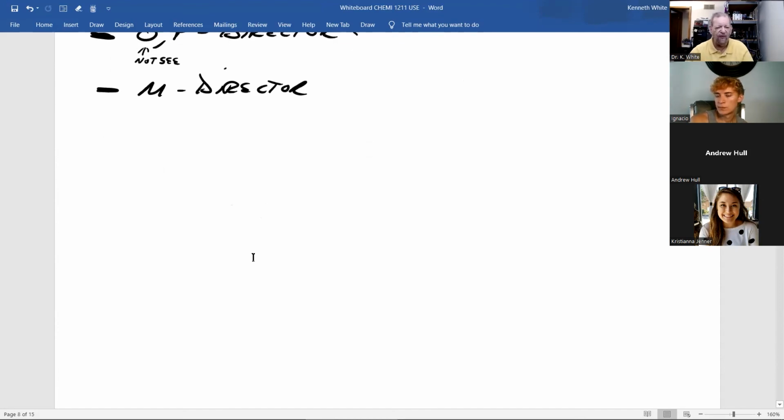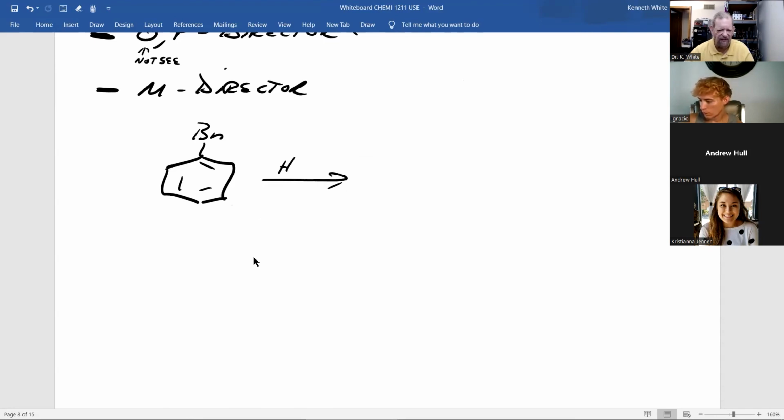Now, the overall reaction is starting with bromobenzene and reacting it with a solution of nitric and sulfuric acid. Now, since I'm not going to give away the answer, I'm going to just write like this.